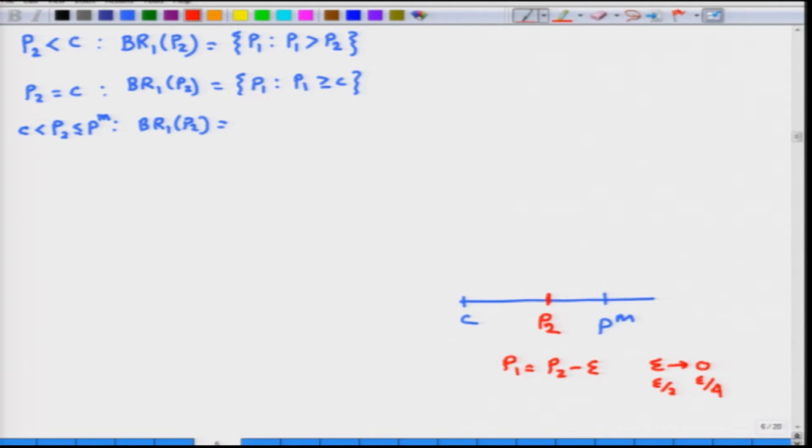The issue is that by undercutting I will be able to capture the entire market demand, but there is no optimal undercutting price that I can choose. So, in other words, I would want to be as close as possible to what firm 2 is charging, just undercut it by the tiniest possible amount, but there is no best response, which means that when firm 2 is pricing at a level between the marginal cost and the monopoly price, there is no best response for firm 1, right.